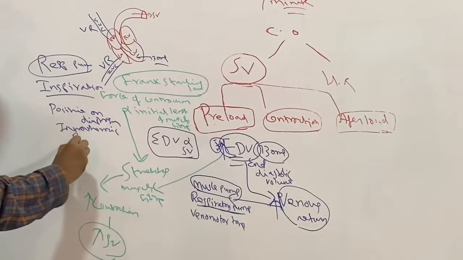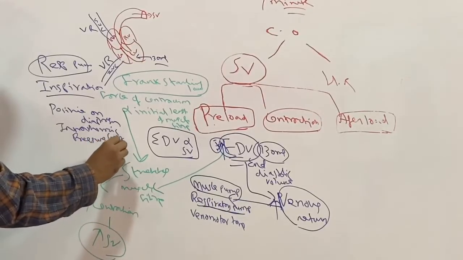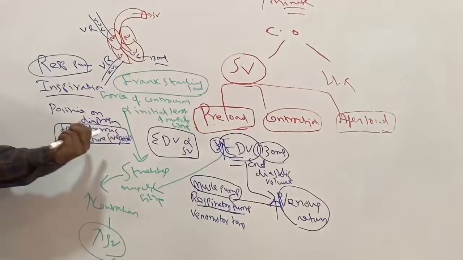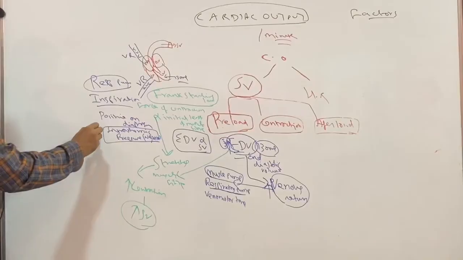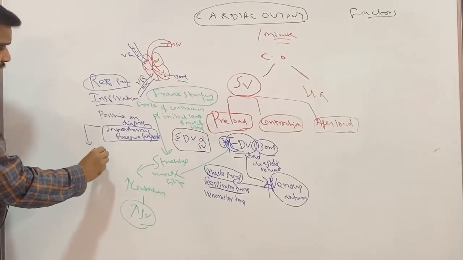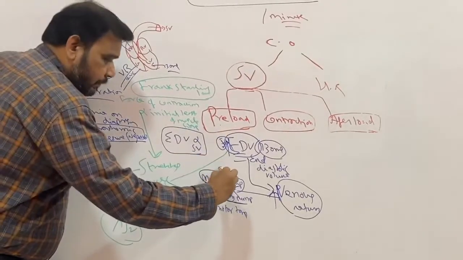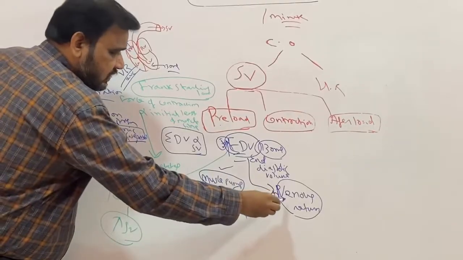The negative intrathoracic pressure increases the pressure on the diaphragm. This happens during inspiration and this increases venous return. So I have discussed the muscle pump and the respiratory pump, which increase venous return.